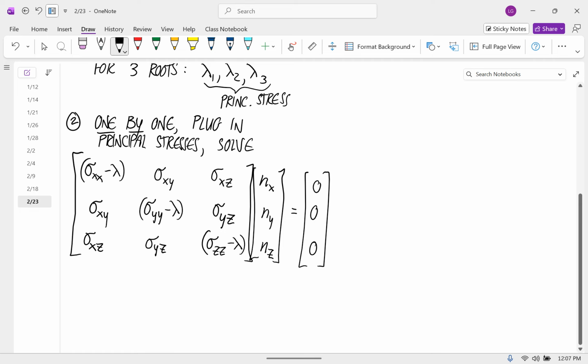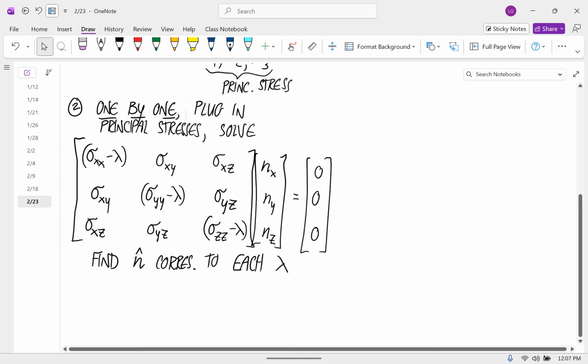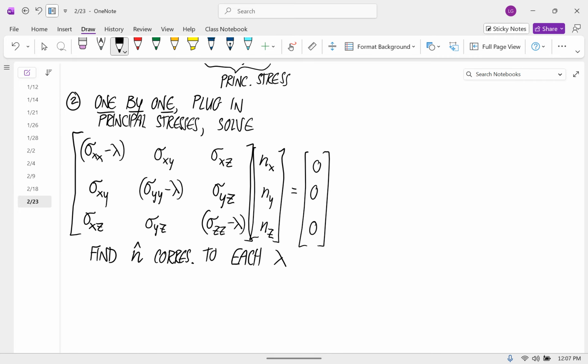We're doing this one by one, so in each case, we're going to find the eigenvector that corresponds to each eigenvalue. And remember that each of these is plus or minus.